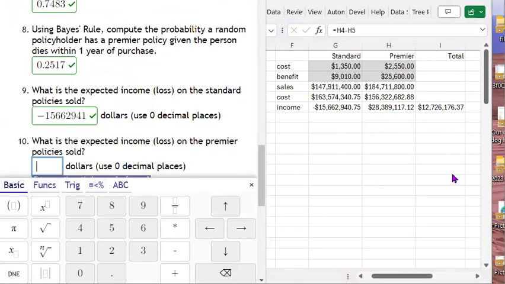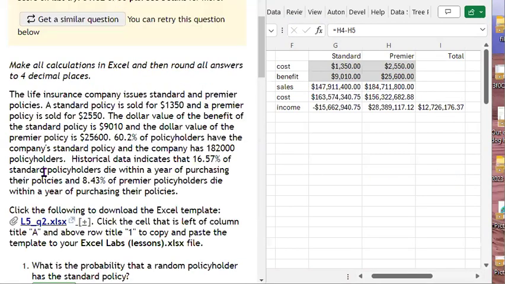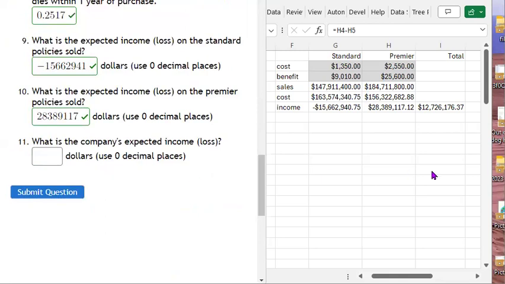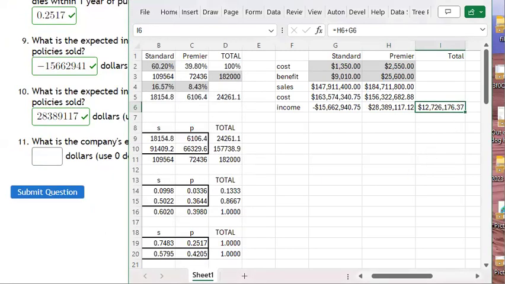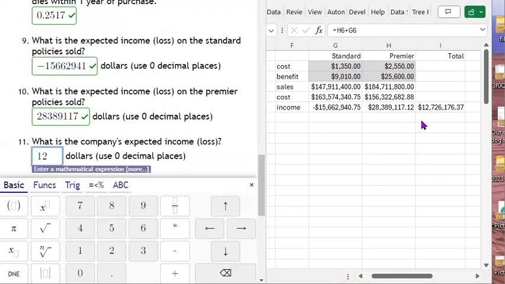On the premium policies, we're making $28 million, $389,117.12. 12 cents rounds to $0. So that should do it there. Then we need the total income. When we add those two together, we get $12 million, 12,726,176.37. 37 cents rounds to $0. So that's where we stop.